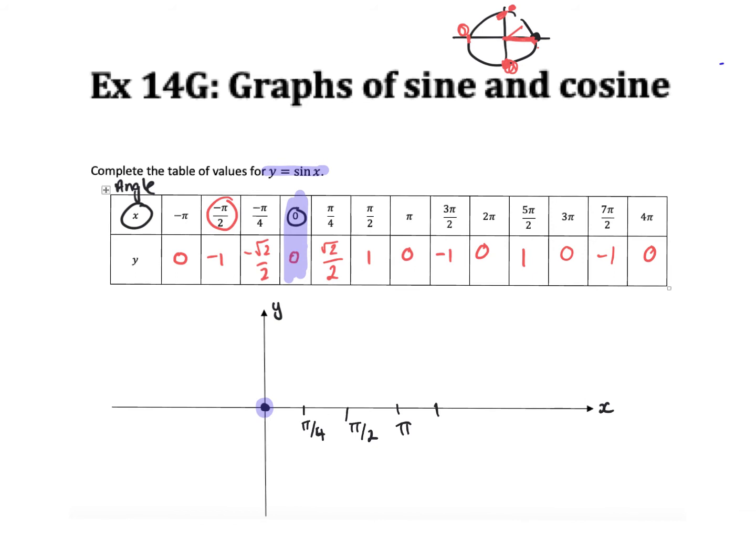If we popped these in, we saw that pi on 2 was 1. So if I put 1 up there, it was like that. And pi on 4 was root 2 on 2, so it'd be like this. And then when we got back to pi, it was back to 0, okay? If I'd spaced this out a little bit better, we would have had, anyway.